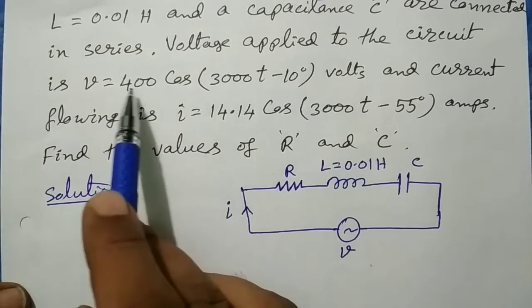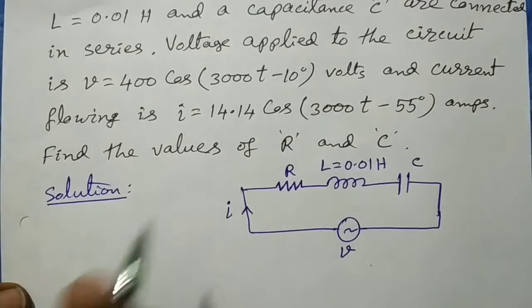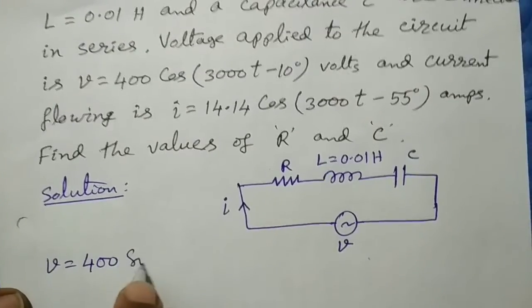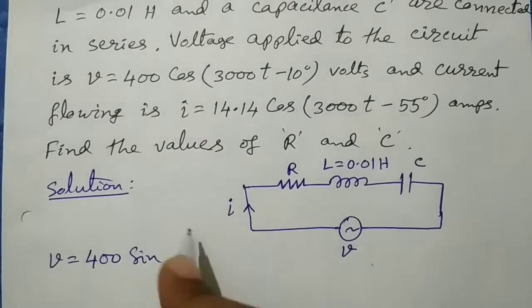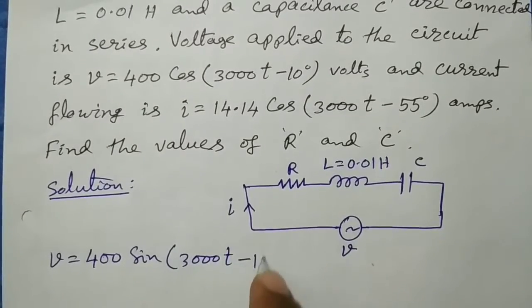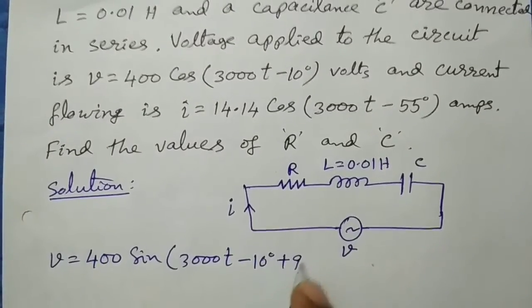So first change the voltage and current in terms of sine values. V will be equal to 400 sin(3000t minus 10 degree plus 90 degree).